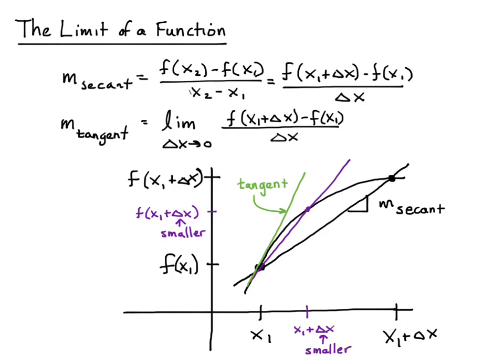So delta x is going to be significant for us, because it is the difference between x1 and x2. We're going to bring that second point right down to the first point, and watch the secant as it comes down to and approximates that tangent.